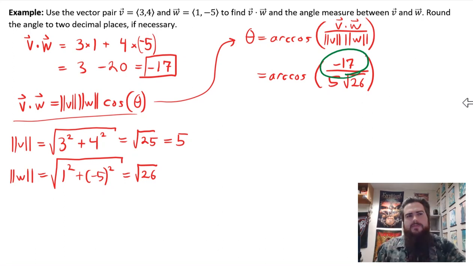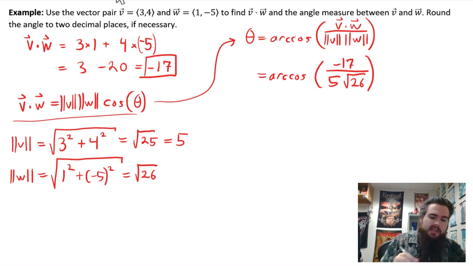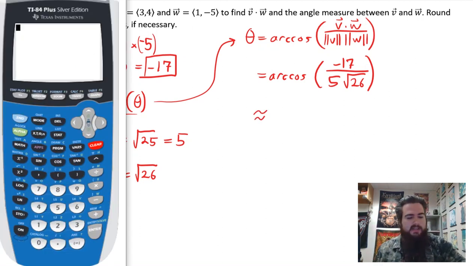If it's negative, it more specifically is going to be in the quadrant 2 range, so 90 degrees to 180. If the dot product was positive, though, we would be expecting an acute angle measure between 0 and 90 instead. Here we expect an obtuse one, so let's break out our calculator and approximate this.